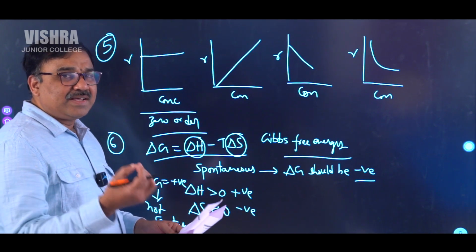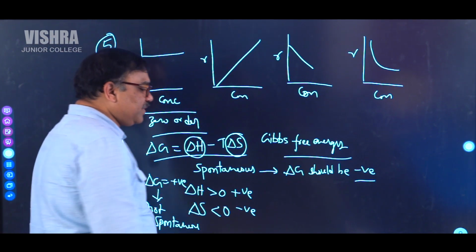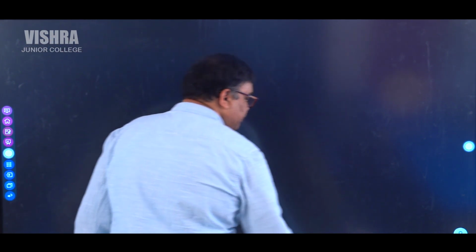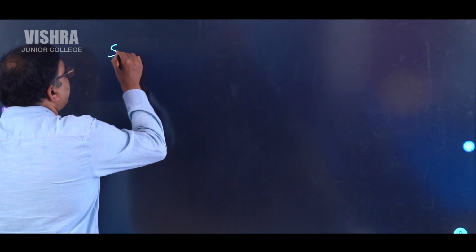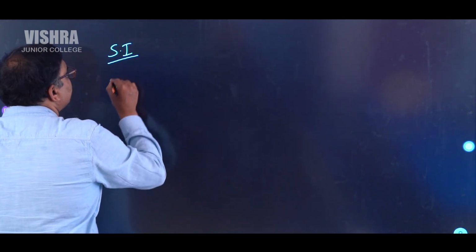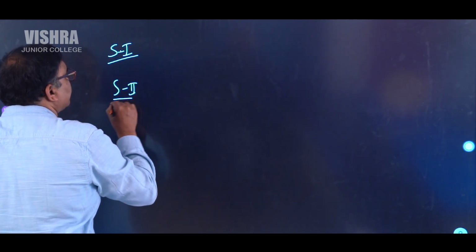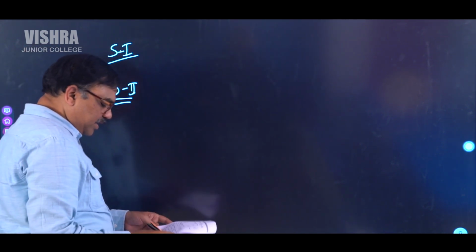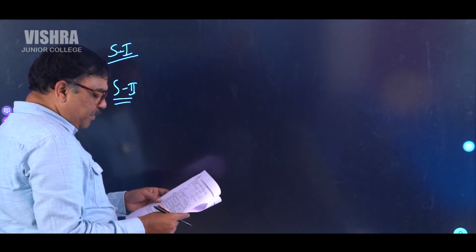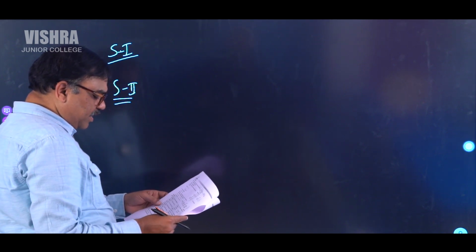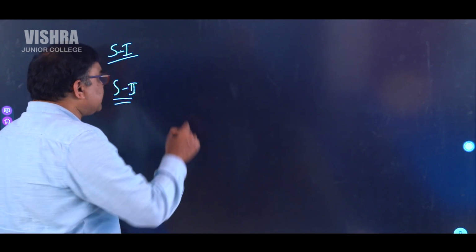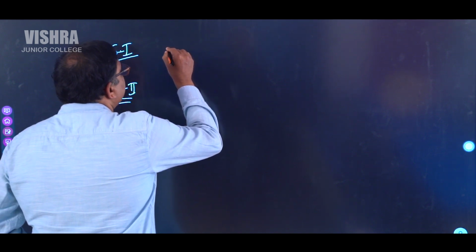This one is assertion reasoning type. Statement number 1 and statement number 2. For a particular shell, the maximum number of orbitals is n square.